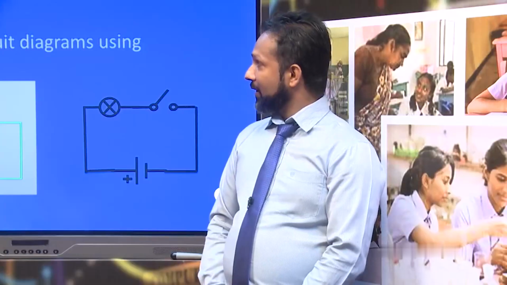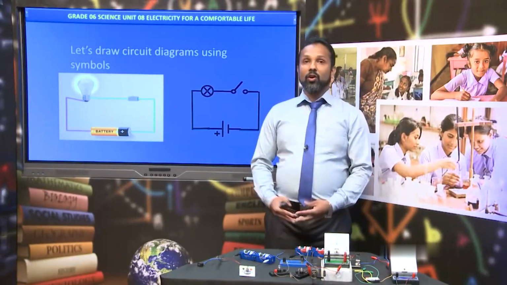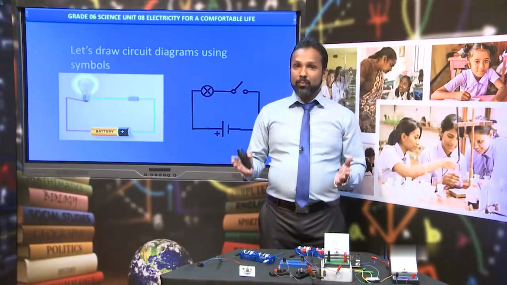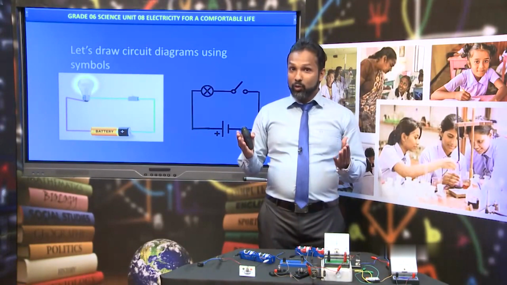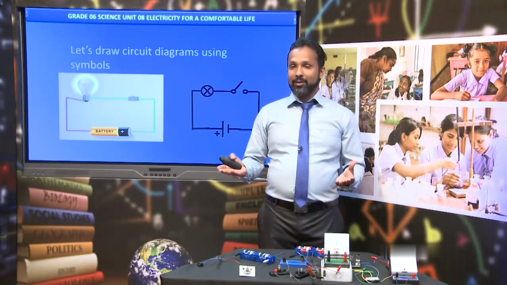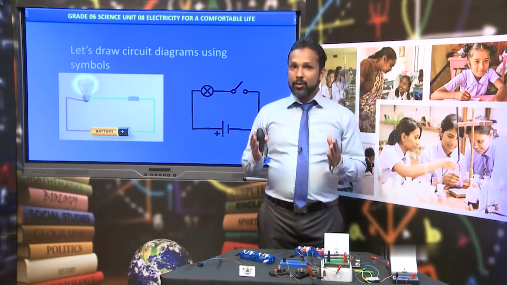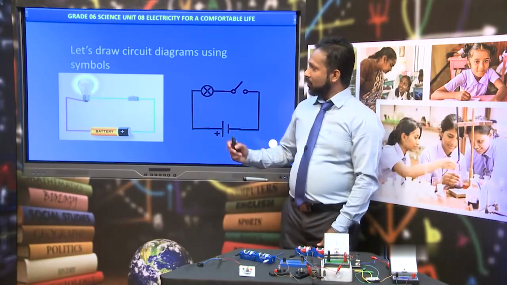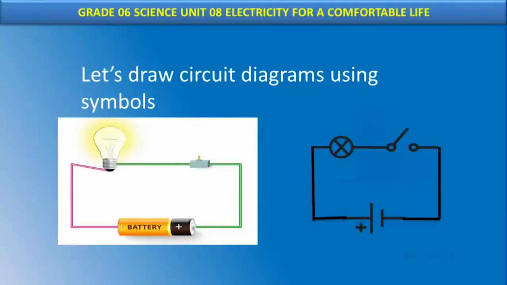Now, circuit diagrams using symbols. Now, we all studied the symbols of electrical accessories. Then you will be able to draw the circuit diagrams using the studied symbols. I am going to give you a simple task. What is that?